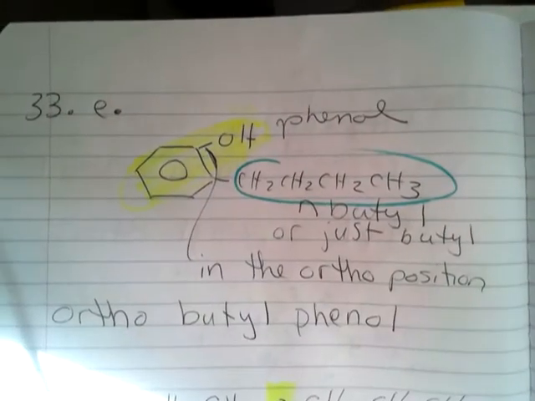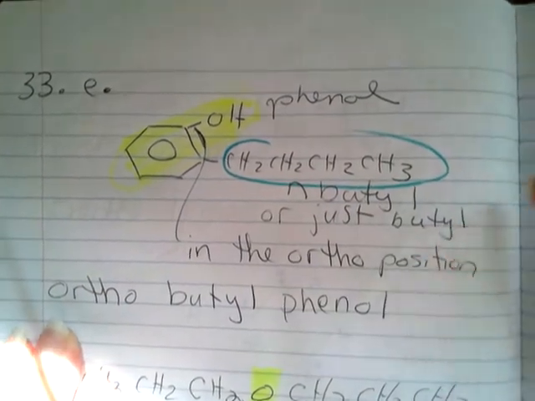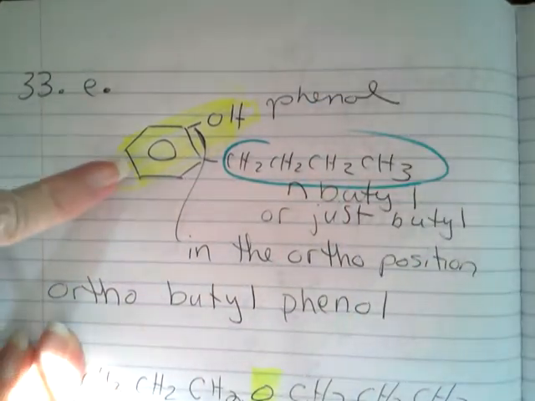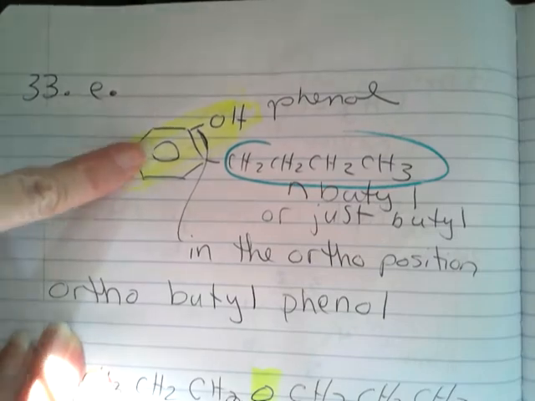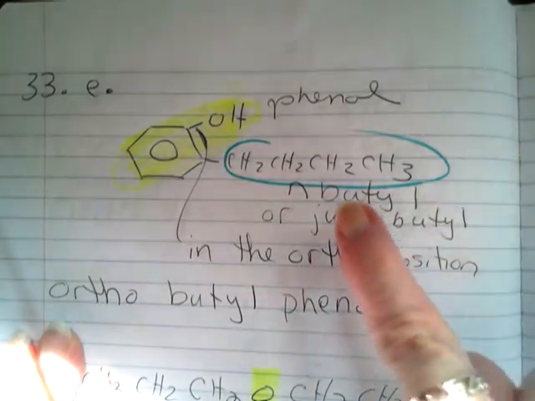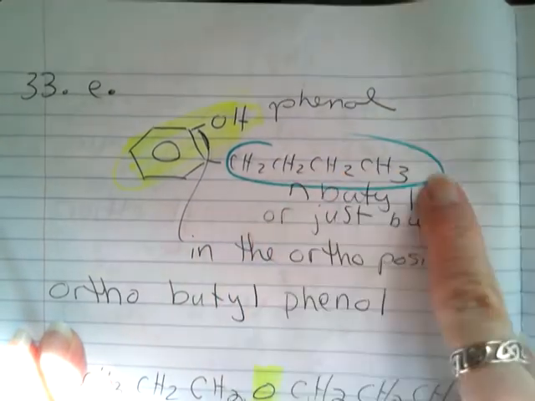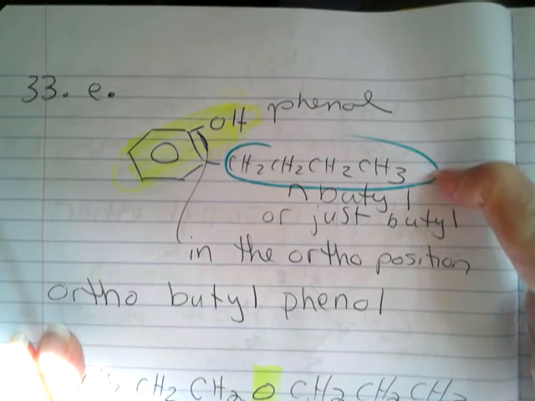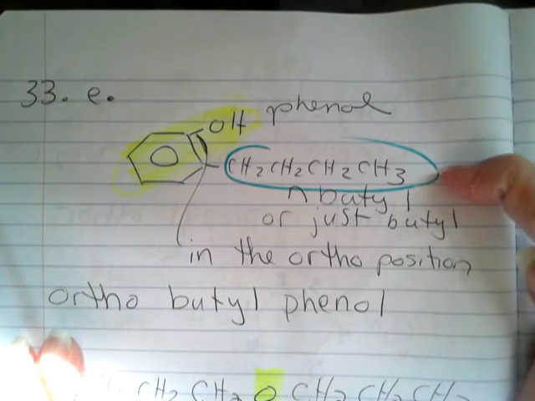33E. We've got a phenol group, or a phenol as your parent. Okay, this is a butyl group, 1, 2, 3, 4, and the butyl is given a substituent ranking as opposed to a parent ranking.